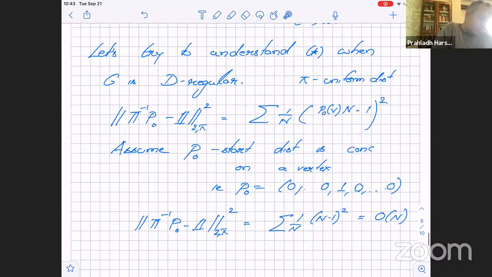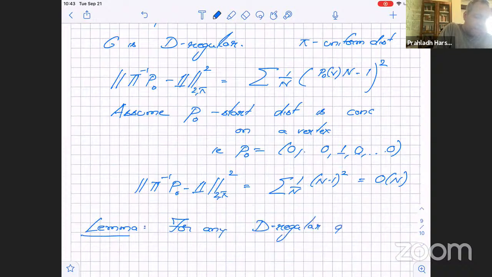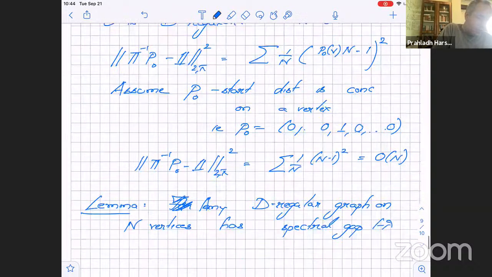So what is known? This is a known theorem. In fact, I think we're going to have it in the next homework. Any d-regular graph on n vertices has spectral gap 1 minus lambda.